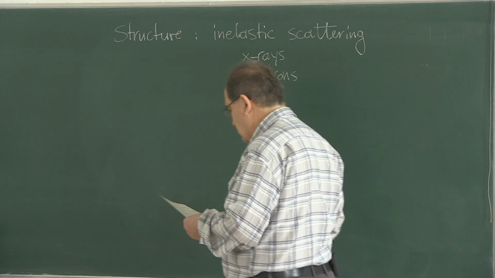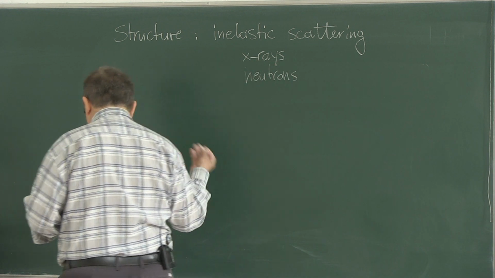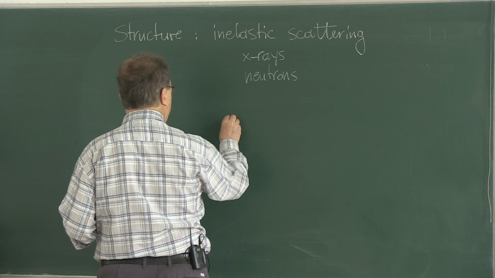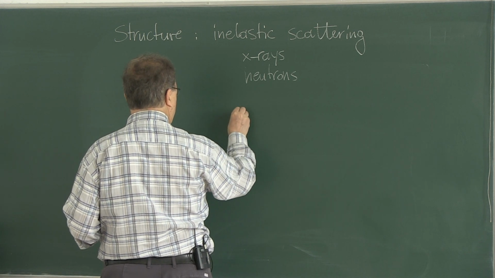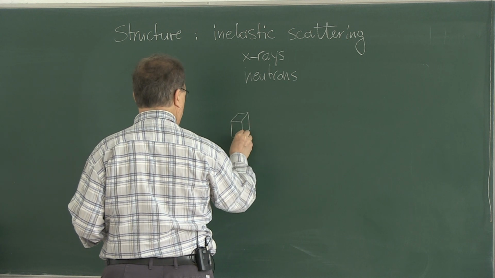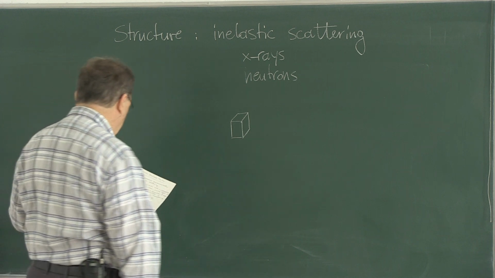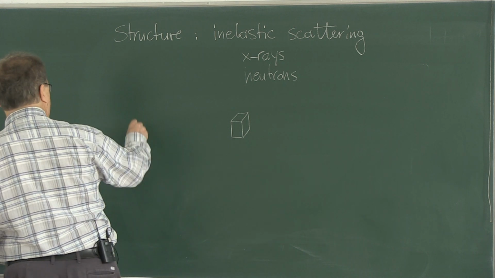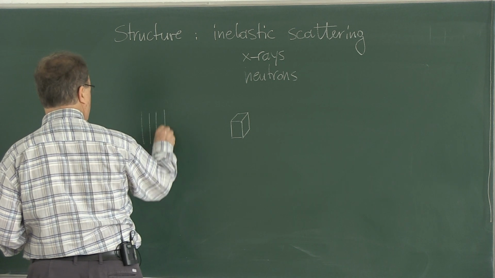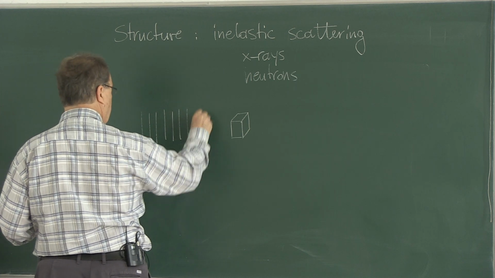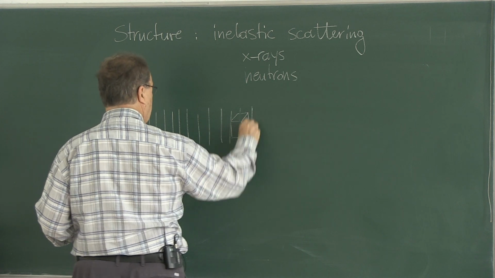Now, here is an example of an experiment. You have the material through which you want to do the scattering, and you send something, light, in that direction.